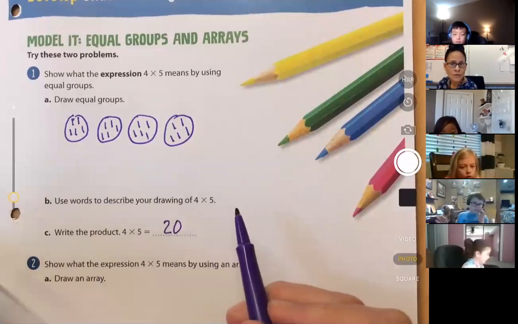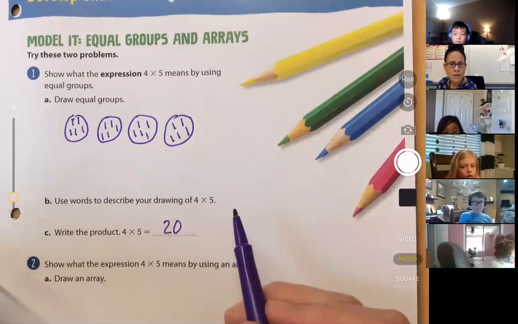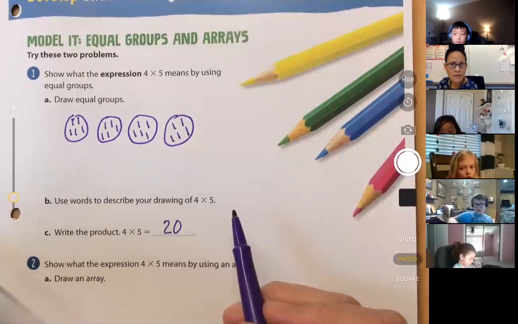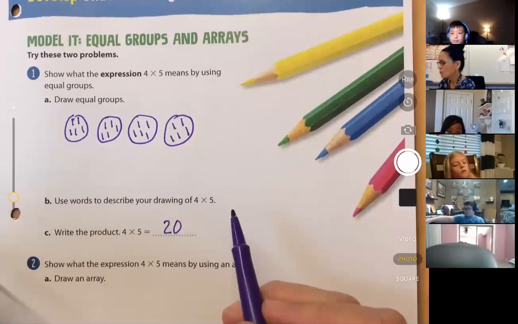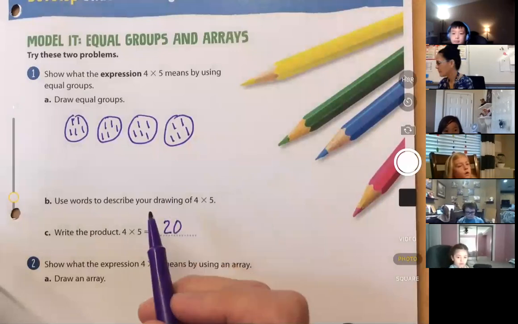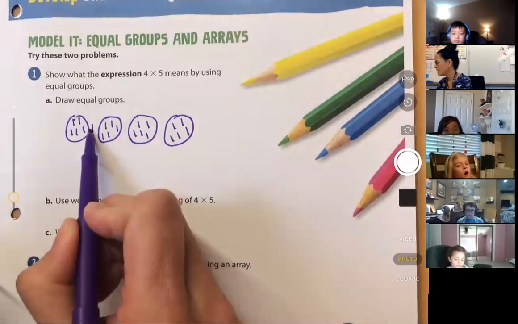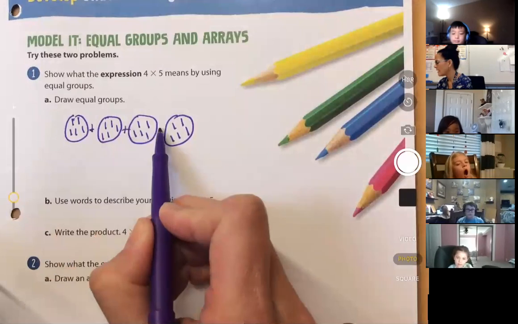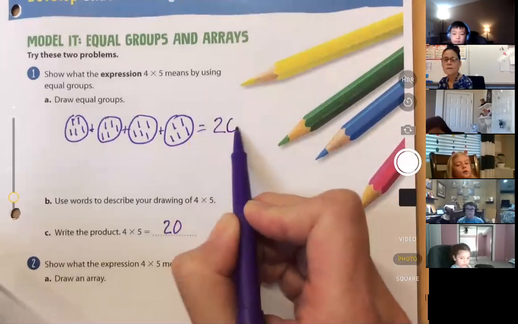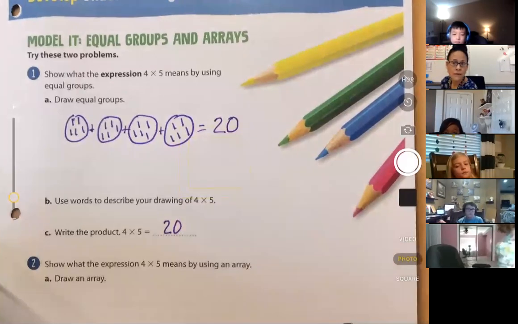Could we do that repeated addition or skip counting that we talked about yesterday to add up what is in these equal groupings? Definitely. Could we say 5 plus 5 plus 5 plus 5 equals 20? We definitely could.